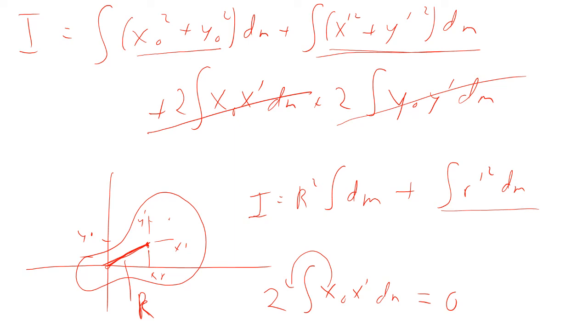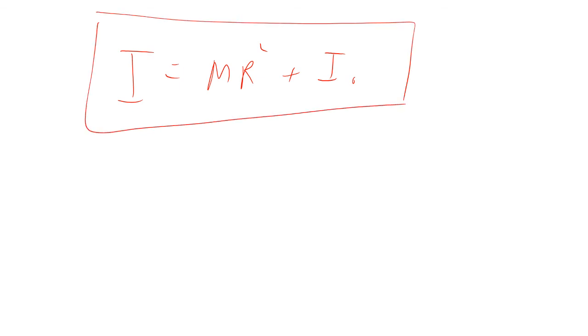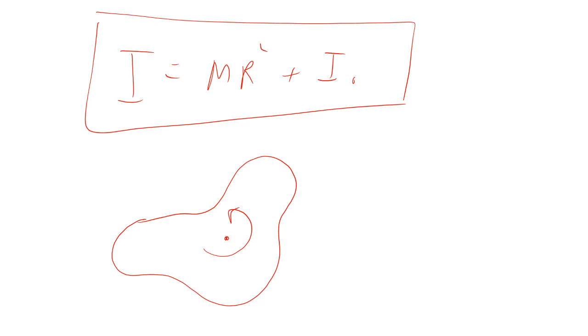Okay. So now we have this down so that I is just going to be equal to m R squared plus I naught. What does that mean? It means if you have an object and you already know what the I is around some axis, if you want to go around a different axis, then you imagine this thing going around. And if you think about it, as it goes around, it changes orientation.